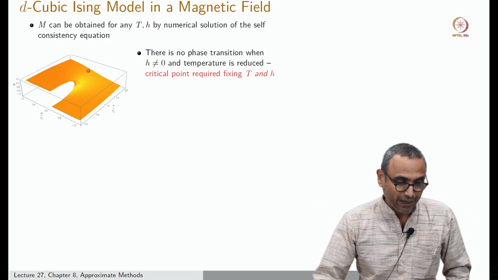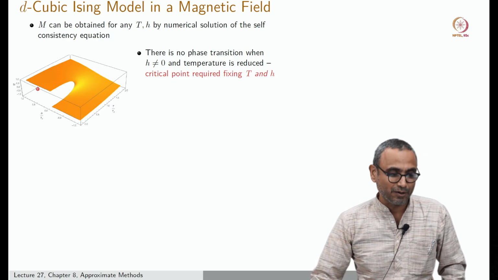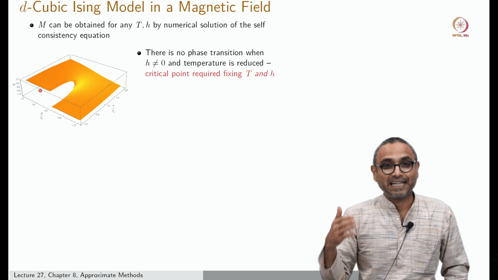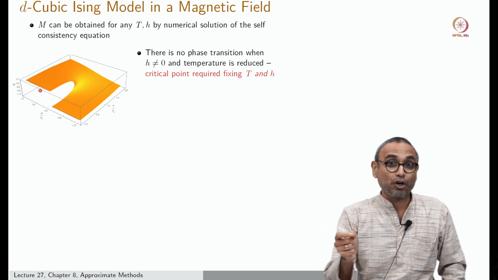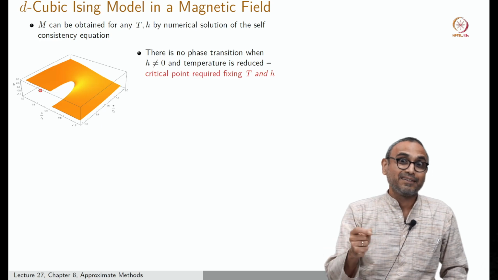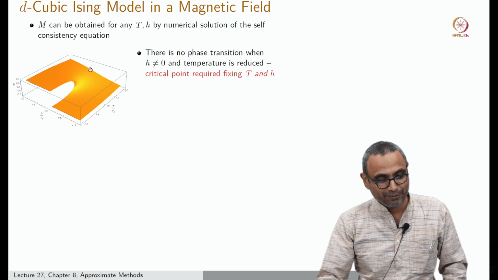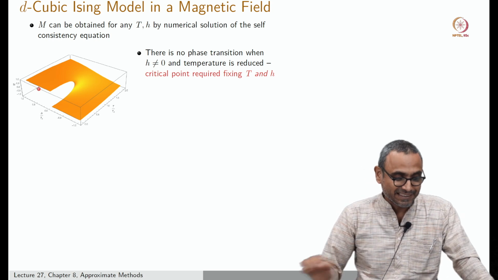So if you start somewhere here, the magnetization will smoothly increase and it will go all the way to 1 as T goes to 0. This order parameter will not have non-analytic behavior. It will be perfectly analytic all the way if you are working at a fixed H and changing the temperature.